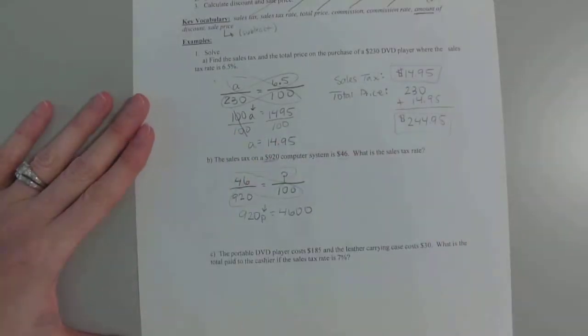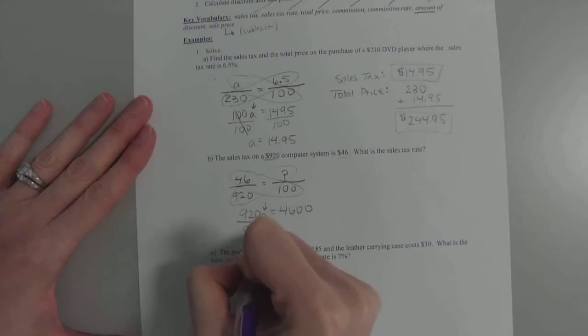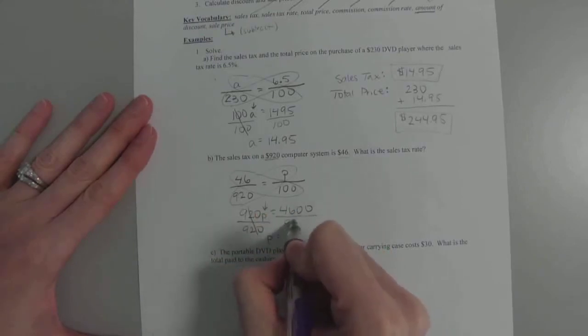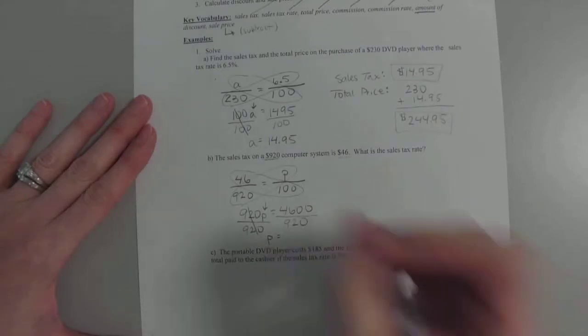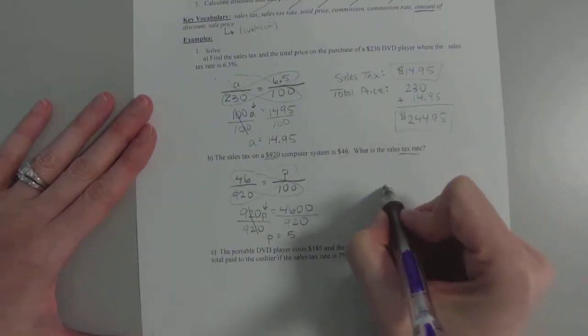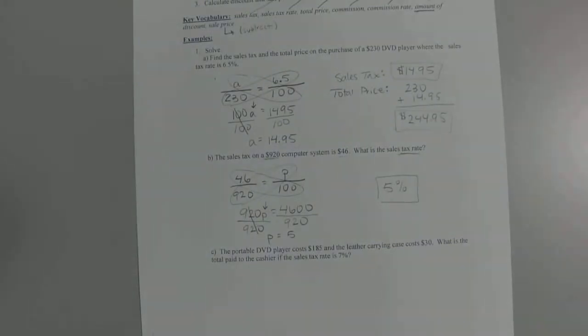What do we still need to do in order to solve for p? Divide by what? The 920, right? We want to get that 920 out of the p's way. So that will cancel and leave you with p. And then what's 4,600 divided by 920? 5, okay? So what will your answer be? Since it's a rate, it's going to be 5%.